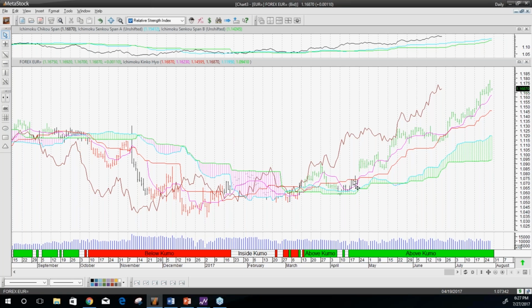And the thing is, unless you're actually counting bar for bar, you don't know. And this can get really messy as these indicators start mixing together. If you're here and you're trying to figure out where is the 26 period ago, and you're here trying to figure out which is the 26 period in the future, is it covering this area or over here? It can be really a pain in the butt. So that's one of the disadvantages.